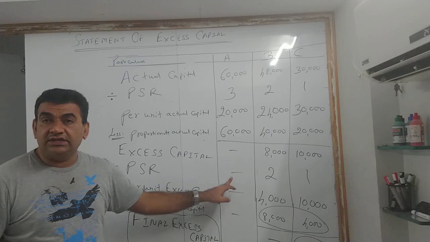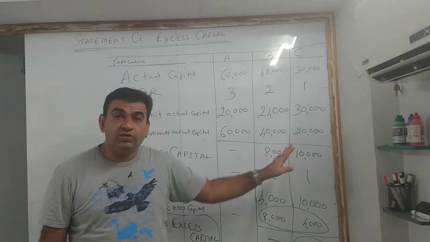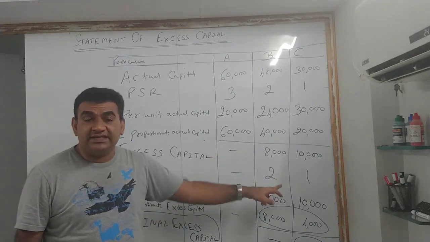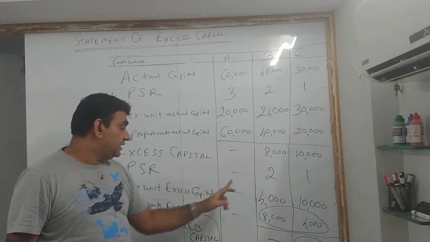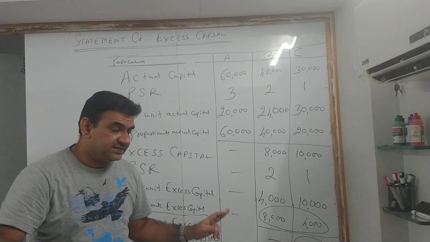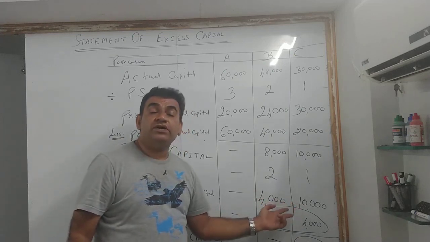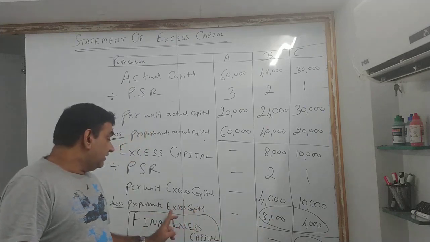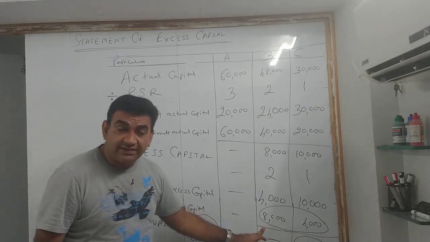Continue the steps further. 2:1 is the ratio for the remaining two partners. A has become 0. Repeat the same steps for B and C. Divide by the PSR, get your per unit excess. Take the lowest of per unit excess, multiply by the respective PSR. That will be your proportionate excess capital.